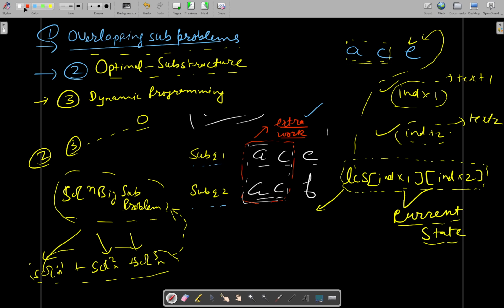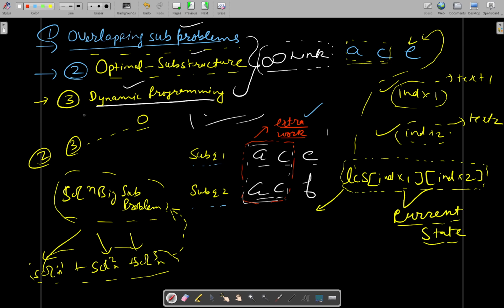So those of you who are new to these things, I will be providing links of articles describing how these things work out, what these two properties are, and what dynamic programming is.